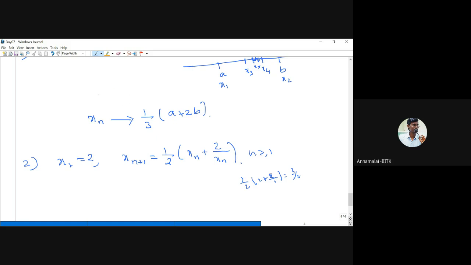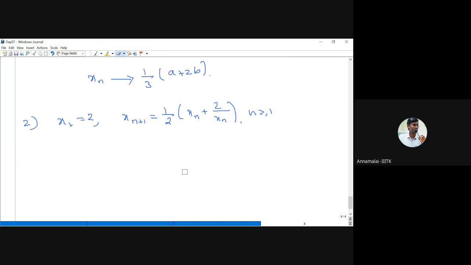Now, what is the limit? We can easily show that this is convergent. If you study numerical methods, we can easily show that this converges to root 2. How to find the limit?